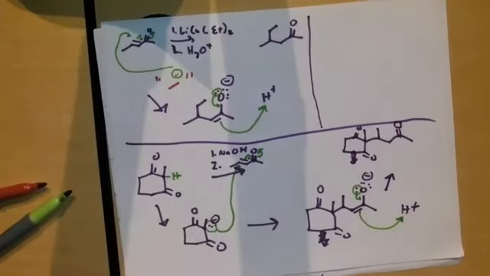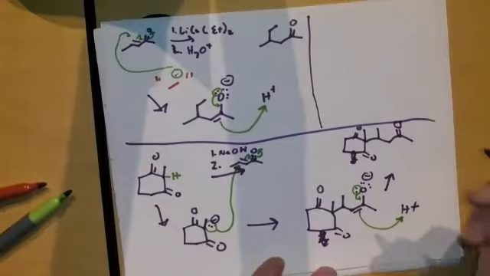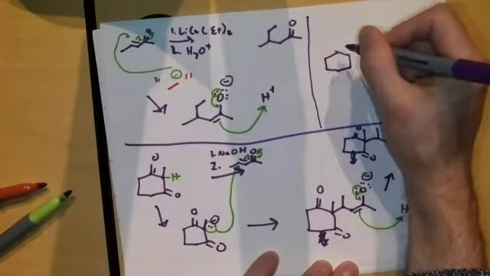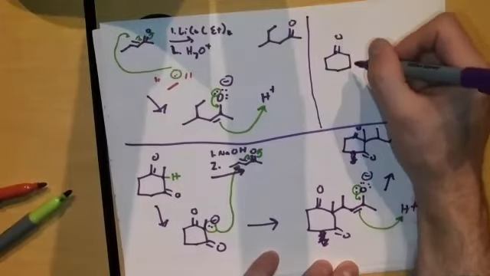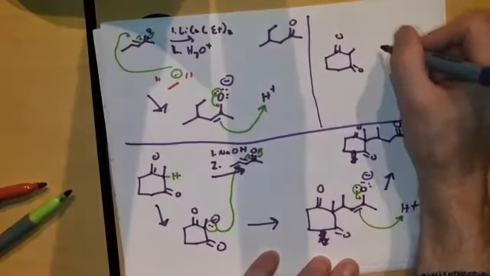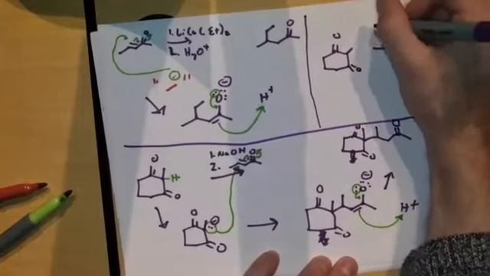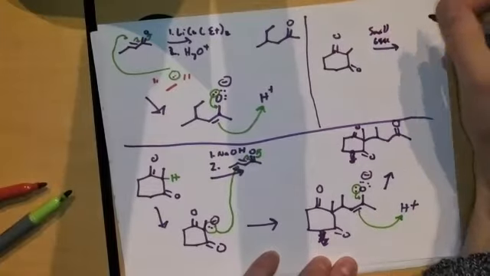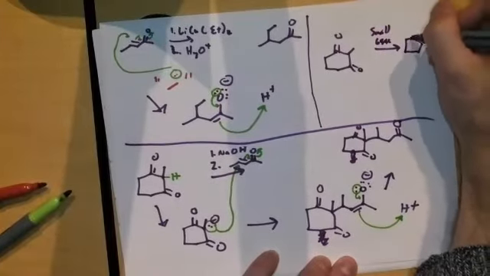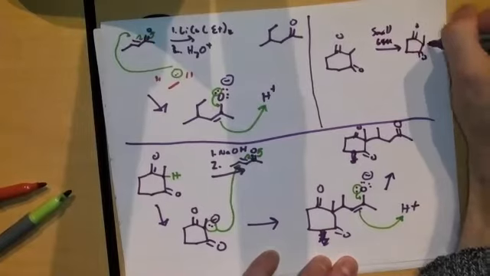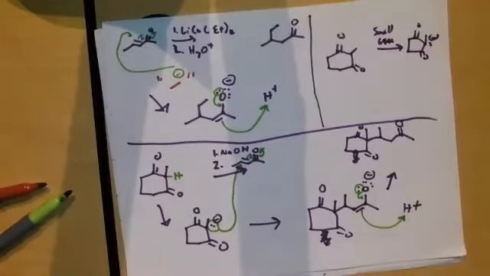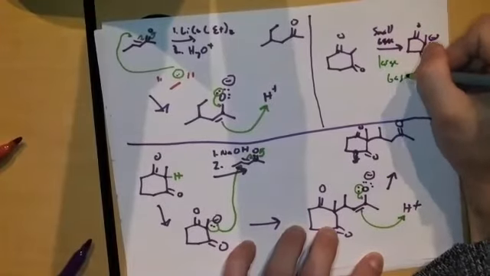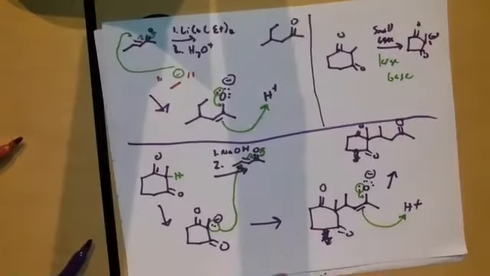So in the earlier class, I also drew out LDA doing the same thing. If you have this kind of diketone here, so if you add in a small base, you get your negative here, but if you also add in a large base, you're still going to get the negative there, no matter what.